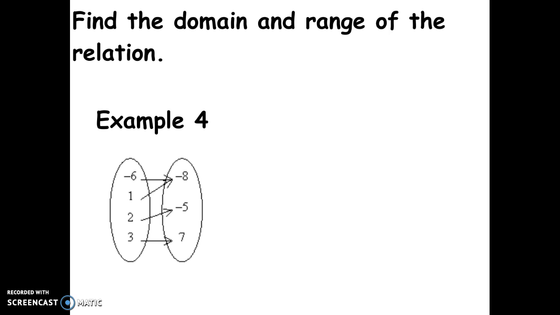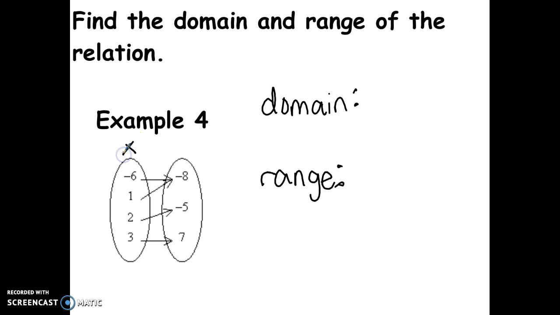In our last example, we're given a mapping diagram. Okay, so if we remember from our earlier example, the left oval is for the x values and the right oval is for the y values.